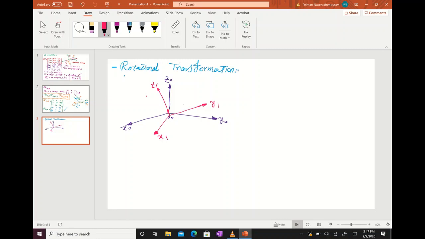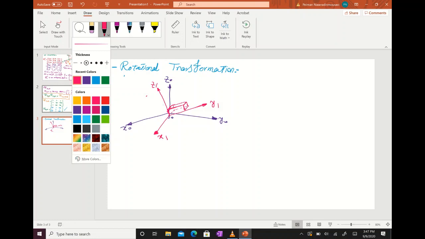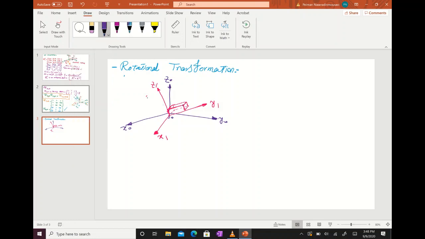And now you have this object in the space, and a point on that is known. On this coordinate system, point P here.